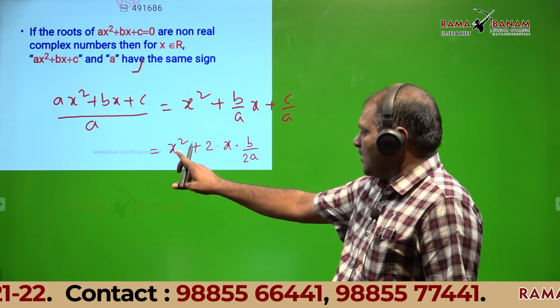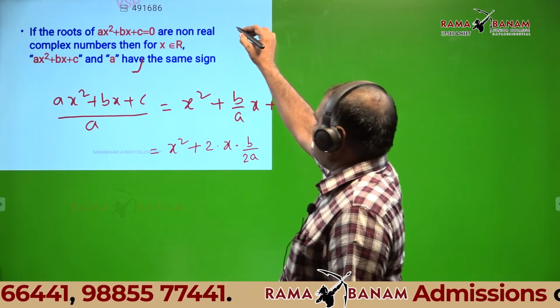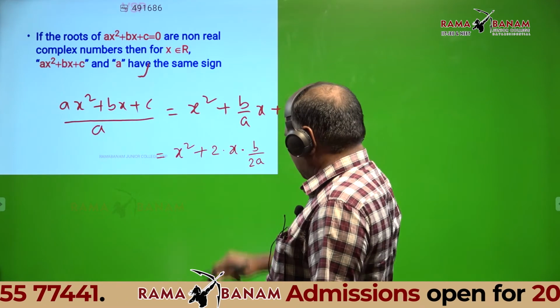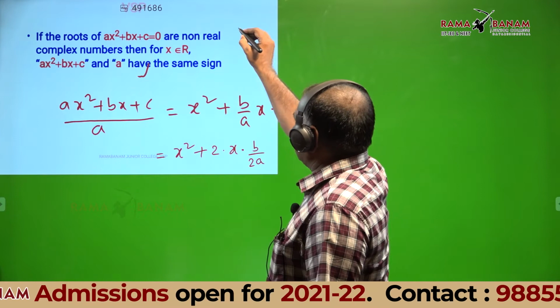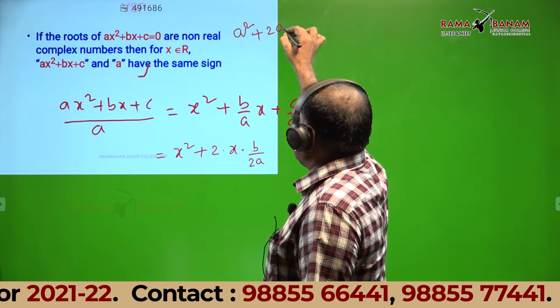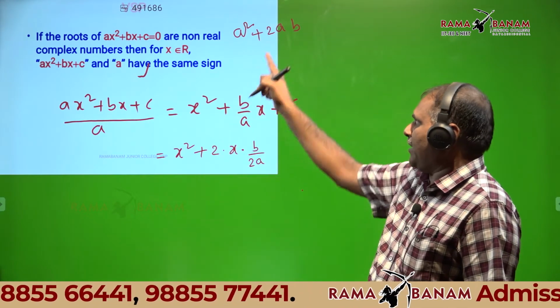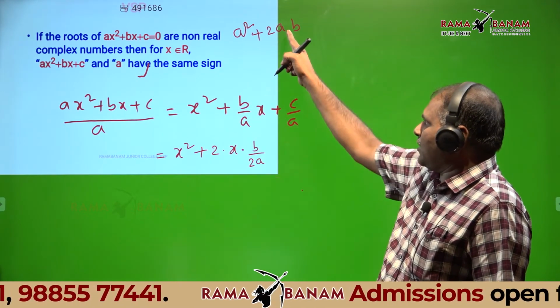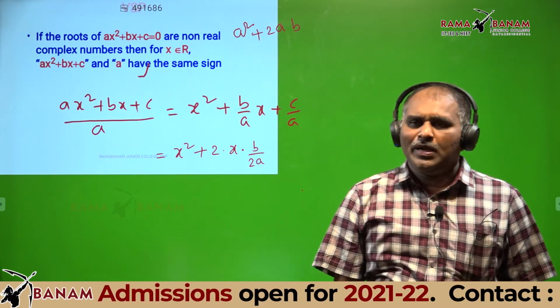Therefore, a is x, 2 is already there, and the b value is b by 2a.